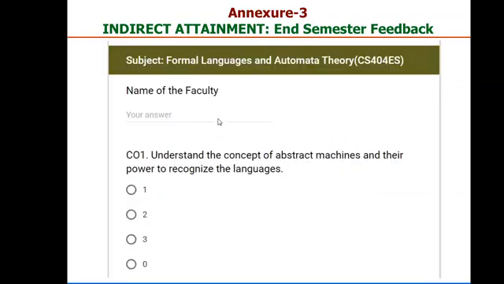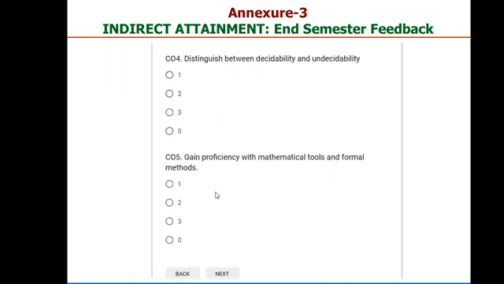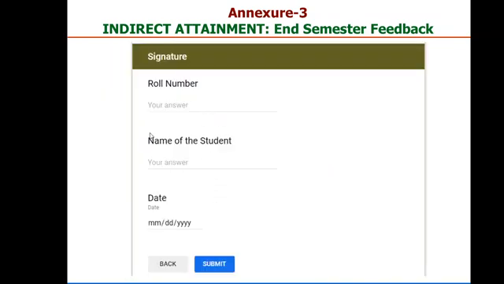So the questions will be given like this: subject-wise, name of the faculty, COs. Students will answer the levels 1 to 3. If it is not related, they will mark it as 0. So like all COs. Then finally they will fill in the details and the date of submission.